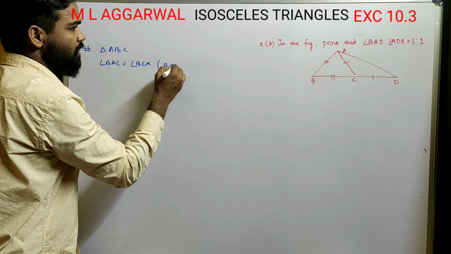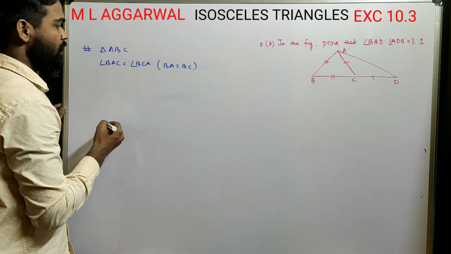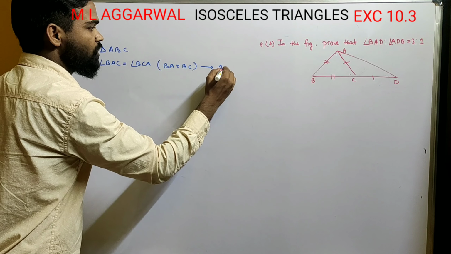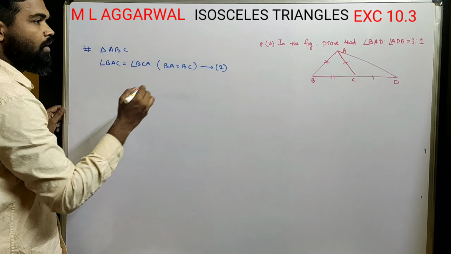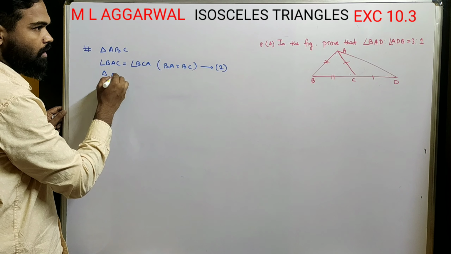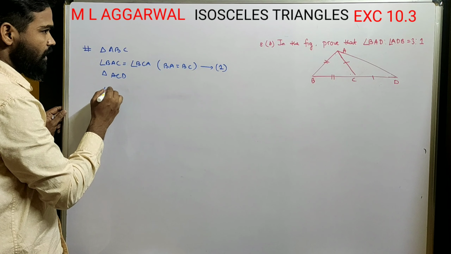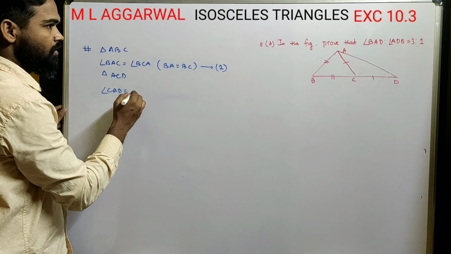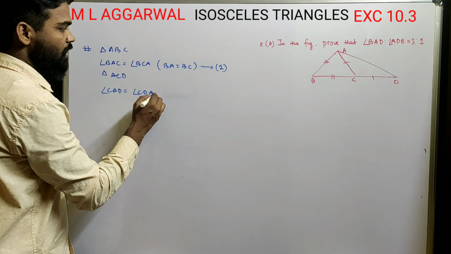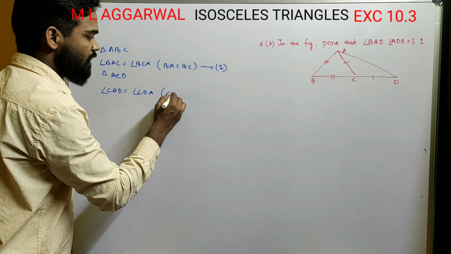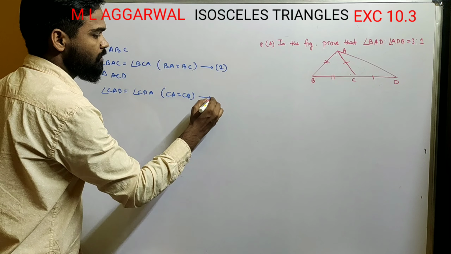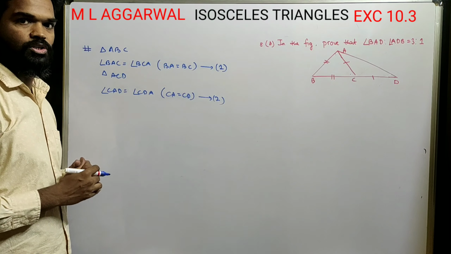Why? Because BA equals BC. Take this as equation 1. Okay. Now look at triangle ACD. Angle CAD similarly is equal to angle CDA. Why? Because CA is equal to CD. This is equation 2.